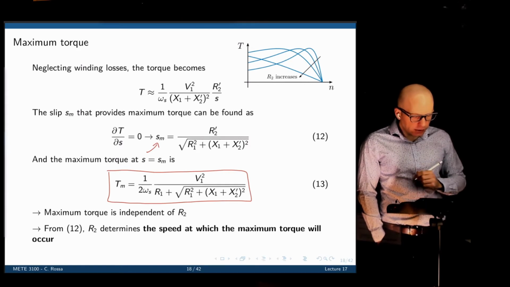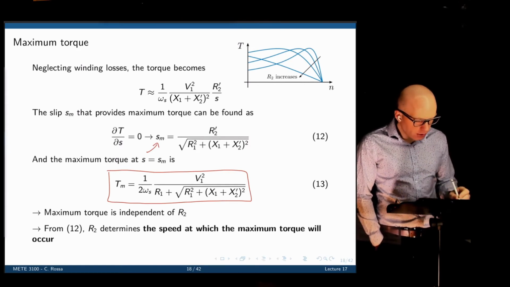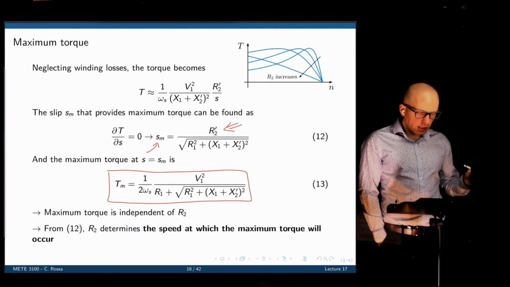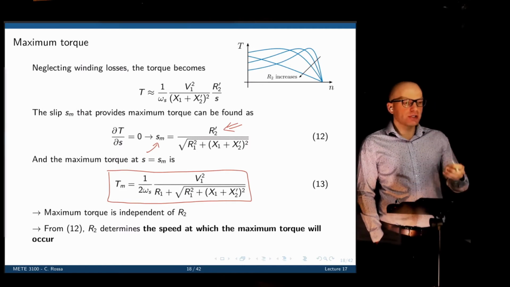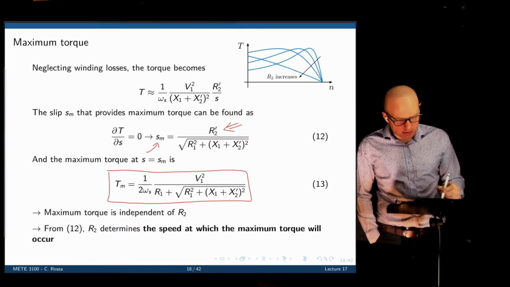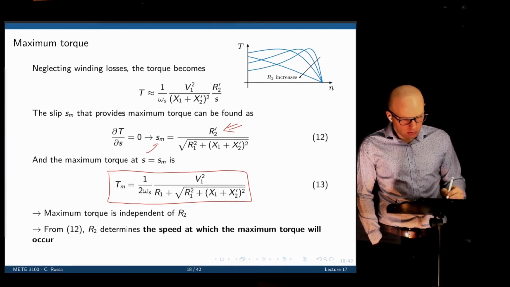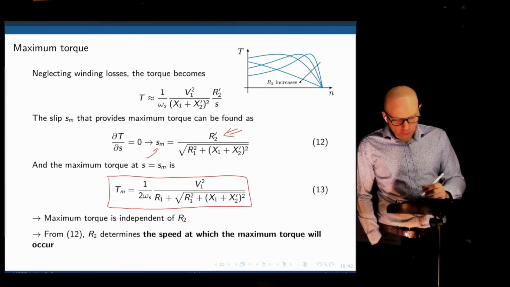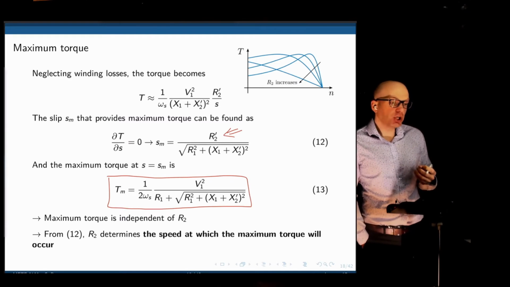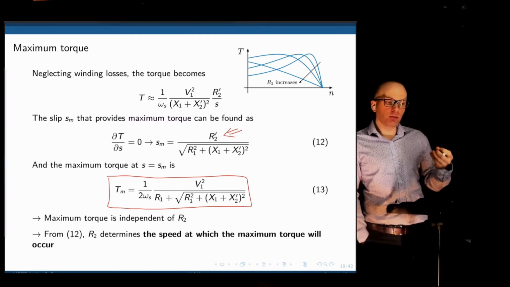And this slip factor can be now controlled based on the resistance of the winding in the rotor. Depending on the winding resistance, the maximum torque occurs at different speeds. Because the maximum torque depends on the slip factor, if we change the slip factor somehow, we are basically changing the speed at which the maximum torque occurs.